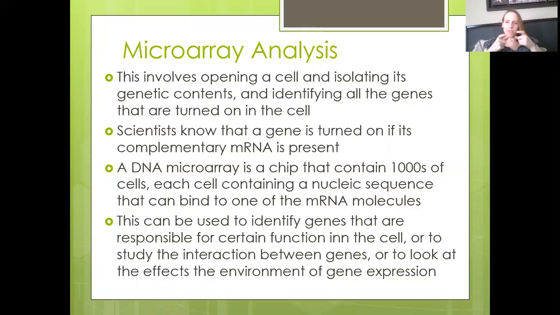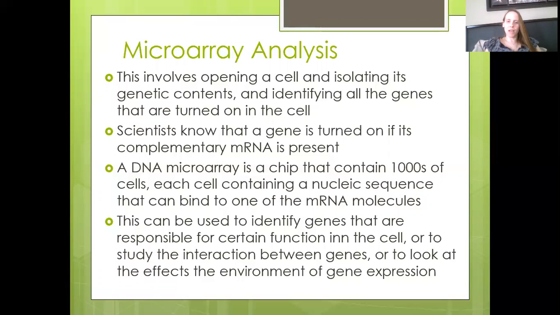So you'll have this microarray, which is a chip essentially, like a computer chip kind of thing. And it has thousands of these microscopic little cells inside of the chip. And each one of those cells will have a nucleic sequence that can bind to specific mRNA molecules.